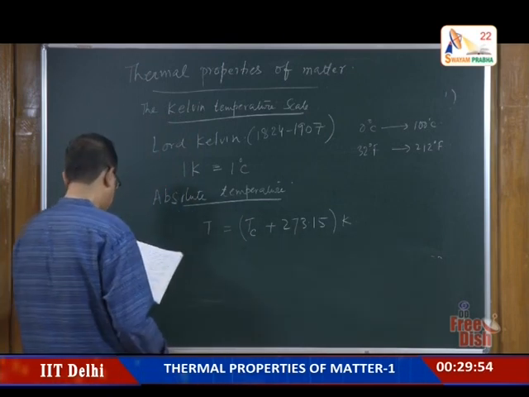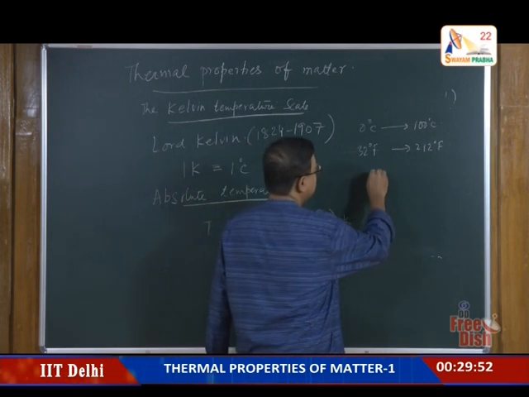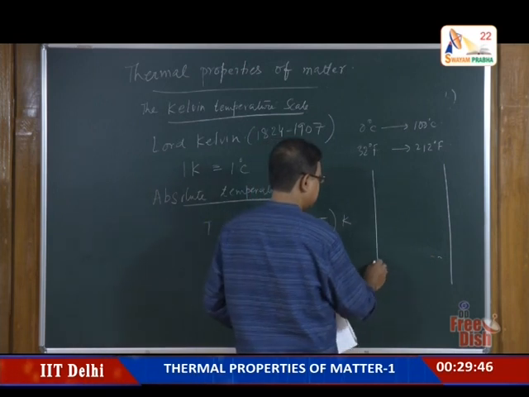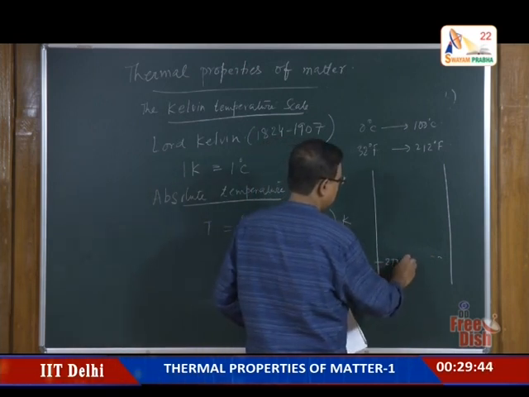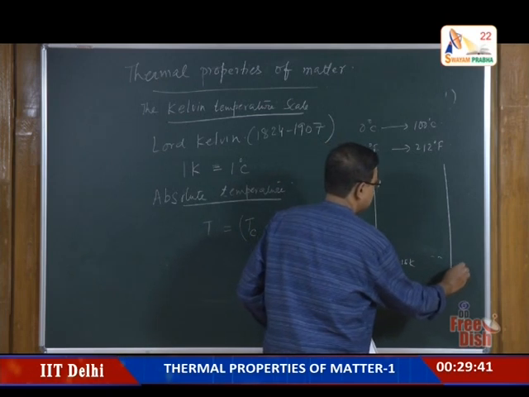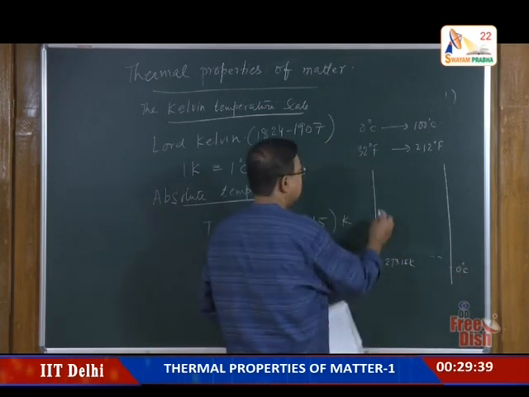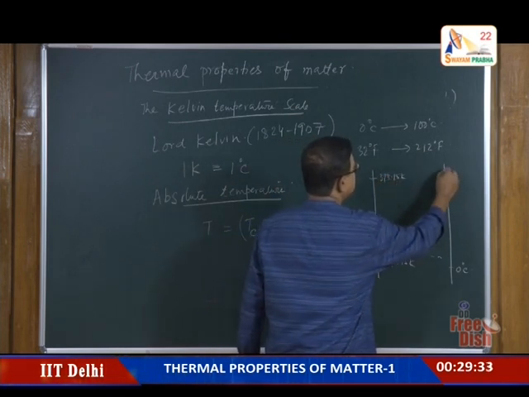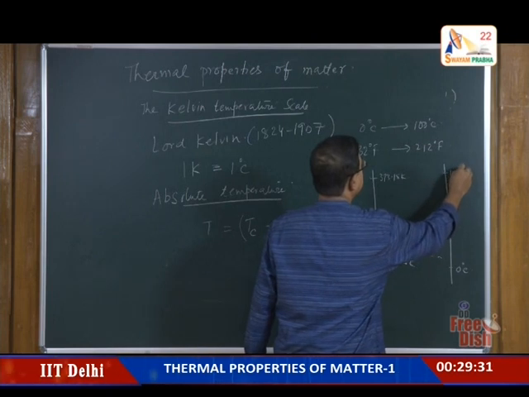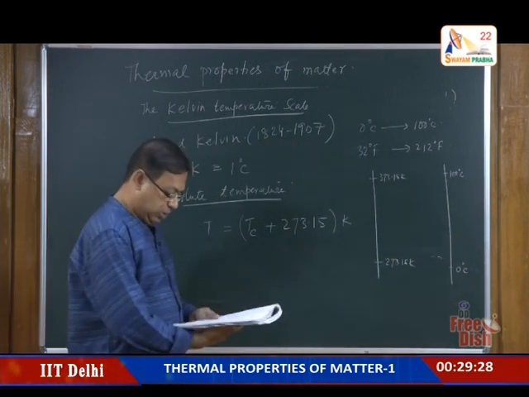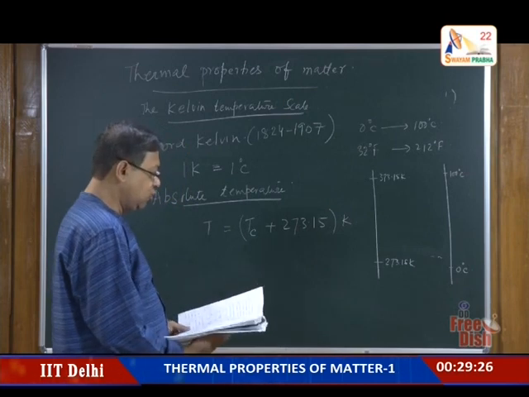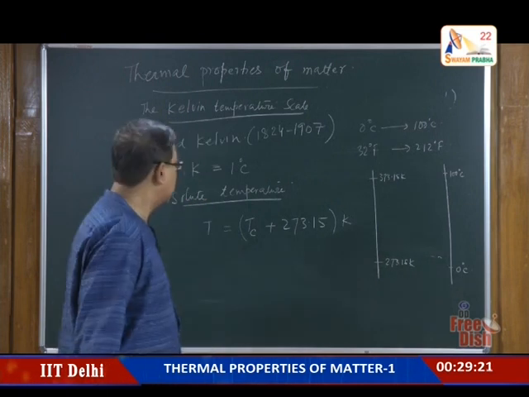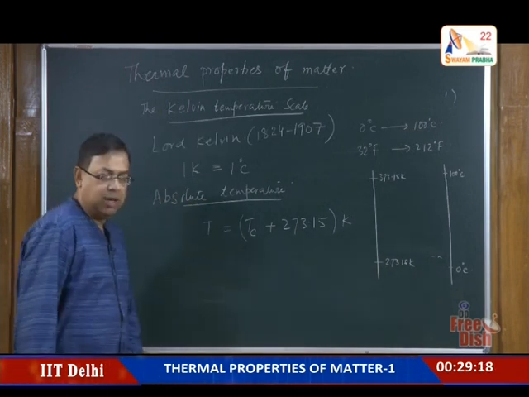Just to represent these pictorially, I am showing you a cartoon of these two temperature scales. So, this is 273.15 Kelvin, which corresponds to 0 degree centigrade, and this is 373.15 Kelvin, which is equal to 100 degree centigrade. These are the conversions of these two temperature scales that are of relevance for us.